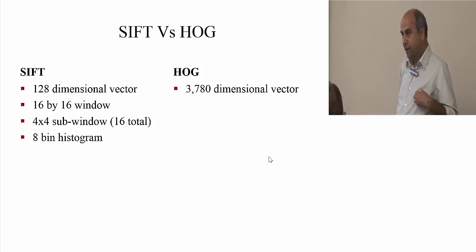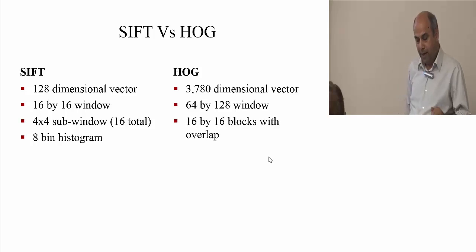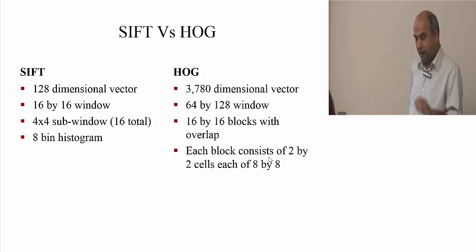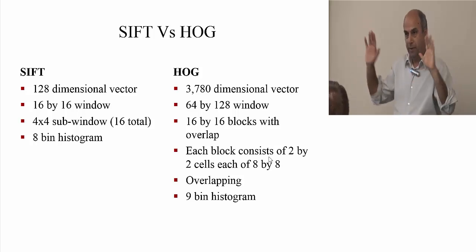HOG is a 3,780-dimensional vector. It looks at a 64 by 128 window and divides it into 16 by 16 blocks with overlap. Each block consists of 2 by 2 cells of 8 by 8 size, each with a 9-bin histogram. So that's the comparison between these two descriptors.